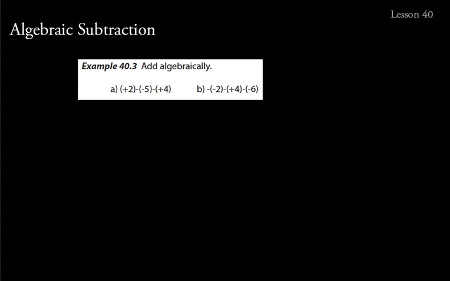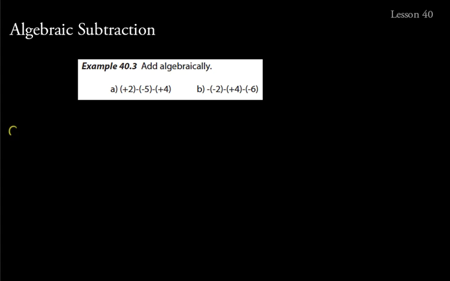Let's do one more, add algebraically. Notice these numbers are already wrapped in parentheses, are already grouped together, but that doesn't mean algebraic subtraction is applied yet, okay? So notice that. Notice also we said add algebraically. That means algebraic subtraction. When we're doing algebraic subtraction, we're adding, right?